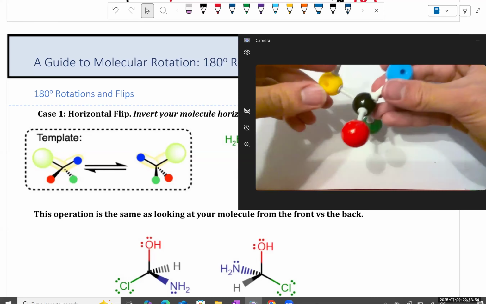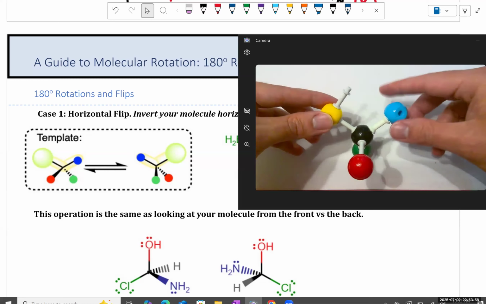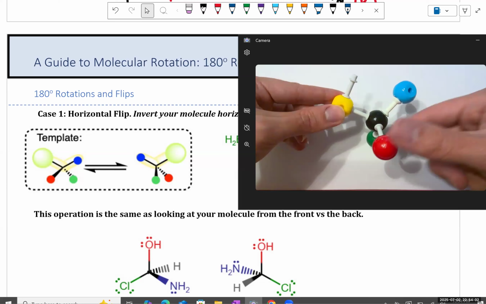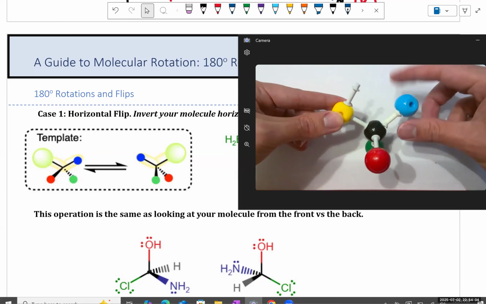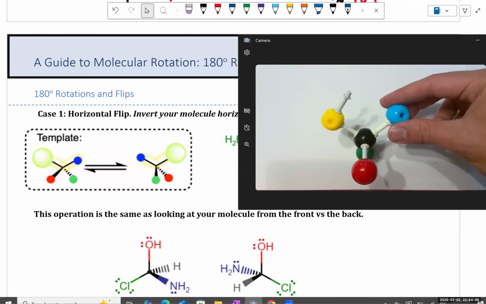Okay, so here's a model. I've made the boron yellow just for visual clarity. So as we can see, we have the boron on the left, the chlorine in back, the alcohol up front, and the amine on the right. As we can see, everything matches up.